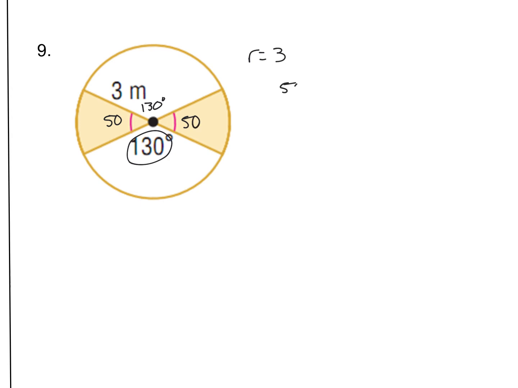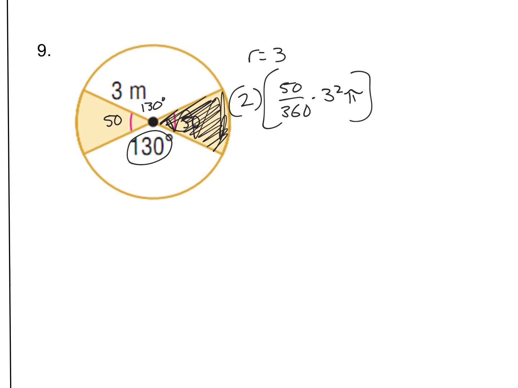I could certainly go 50 out of 360 times 3 squared pi, and then just take my answer and multiply it by 2. I can absolutely do that. All that's saying is I'm going to figure out the area of one of these things and then double it. That would be fine. I could also just say 100 over 360, and that would give me the same thing. Okay, it's entirely up to you. What are you comfortable with?